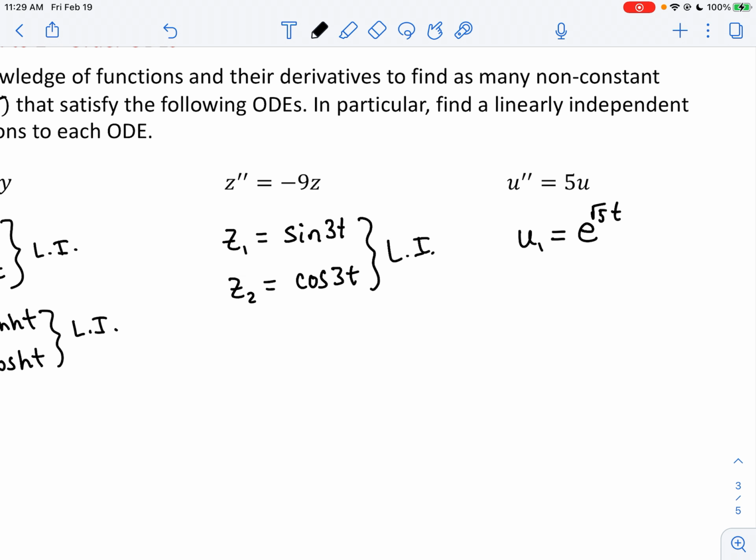Another one is if this was a negative radical 5, this one will work as well, because the first derivative will have a negative radical 5 coefficient, but the second derivative will go back to a positive 5 coefficient. So here's 2, and these are also linearly independent.